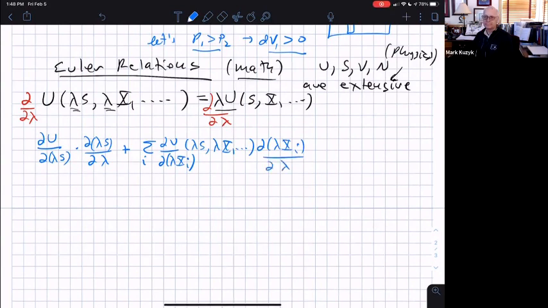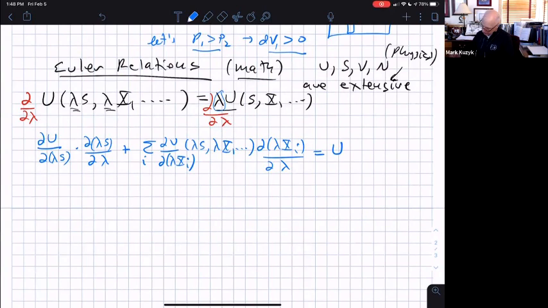Okay? You all agree with that? And then on the right-hand side, that's very easy because the only thing that has a lambda here is this piece. So that's just going to give us u back again. And I'm not going to put all the functional dependence in there. Okay? Are you good with that?